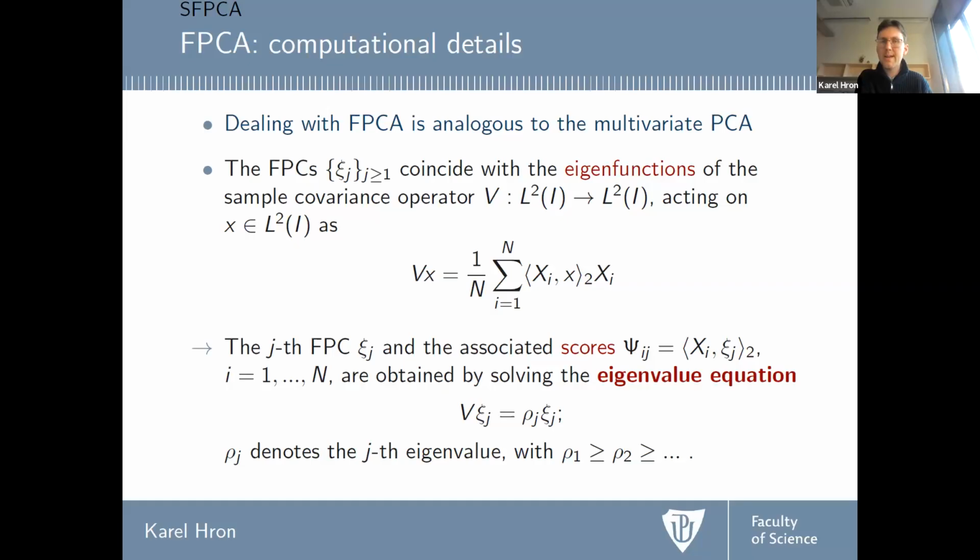So going into a bit more detail, just to mention that functional principal component analysis is indeed analogous to multivariate principal component analysis. So the functional principal components coincide with eigenfunctions of the sample covariance operator defined here, and we also then consider the associated scores as the inner product of the sample entities, or here real functions, with these eigenfunctions, which are obtained by solving the eigenvalue equation. As for any eigenvalue equation in the multivariate sense, we also consider eigenvalues, which are ordered in decreasing order.